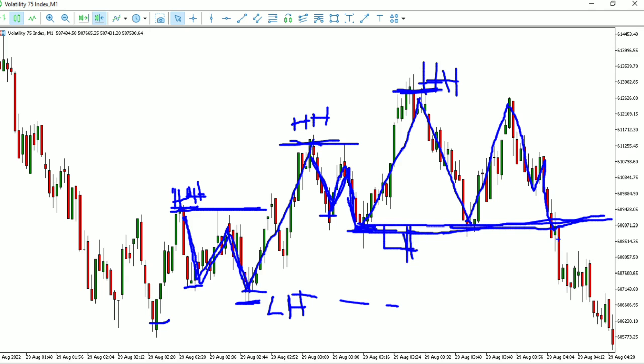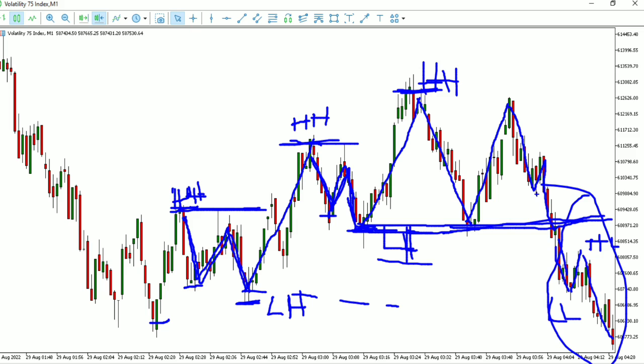Why? Because now the market is lower than our previous lower high. So the market is now moving to create a lower low. Once it creates a lower low here, it pulls back, creates a higher low, now a lower low. So from this point here, we were now in a downtrend, right?